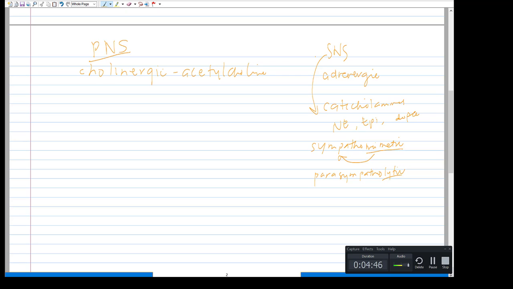It breaks the parasympathetic nervous system effect, which leads into SNS effect. While for PNS, it would be parasympathomimetic or sympatholytic, right?